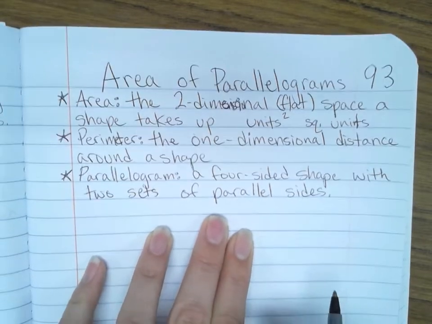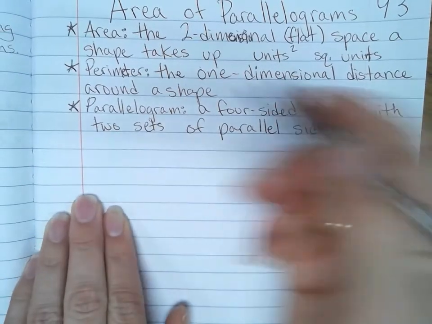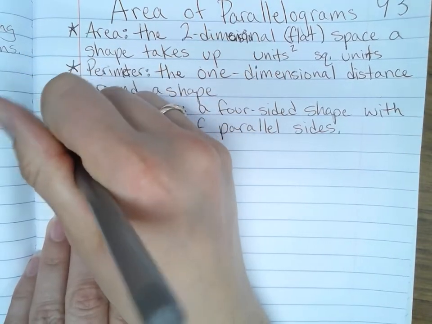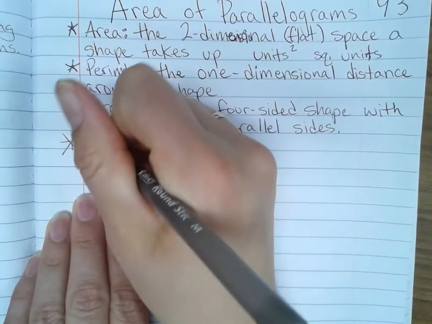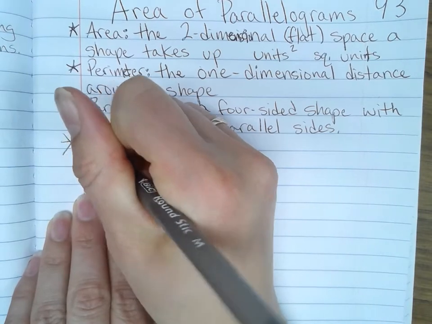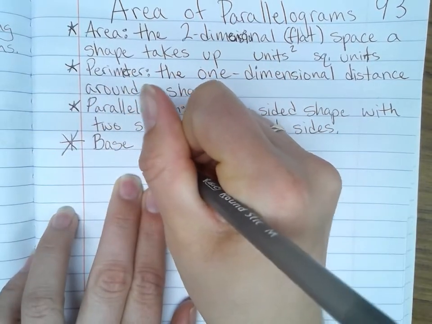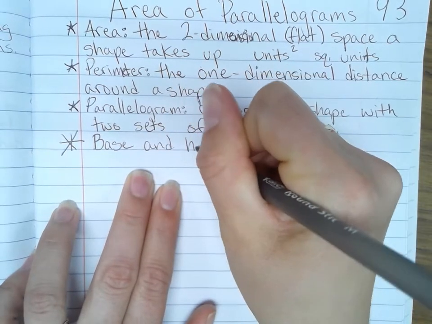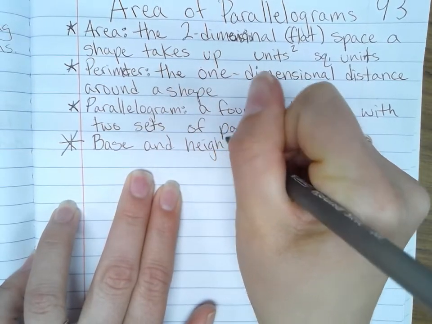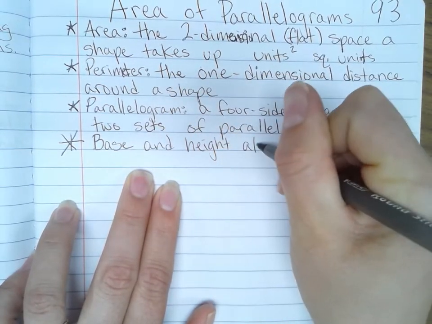All right. One more thing that's very important to note. Let's put some big stars around this one. I want you to write base and height always form a right angle.